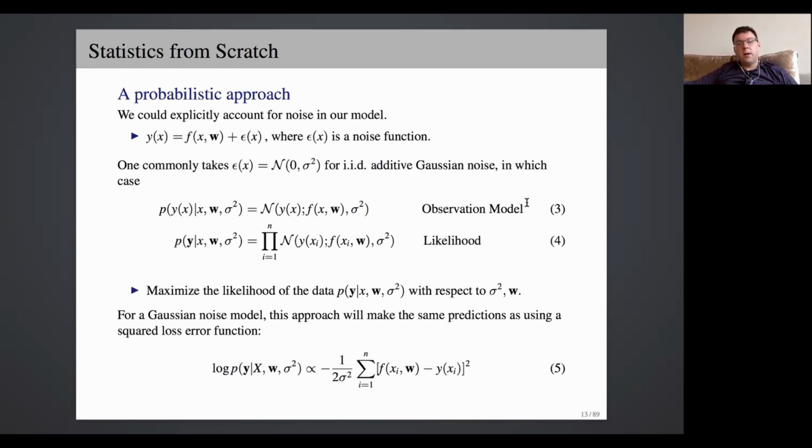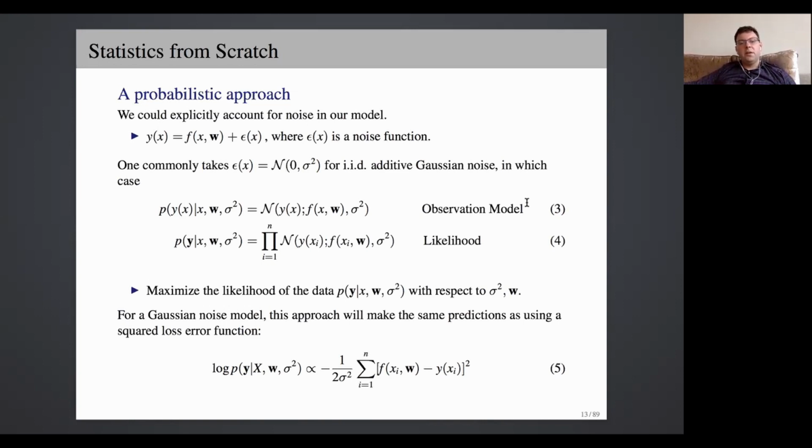And we can use that observation model to create what's called a likelihood, the probability density for the data that we observe. And then we could maximize that likelihood with respect to our parameters, in this case, the parameters w of our functional form and sigma squared, our noise variance.